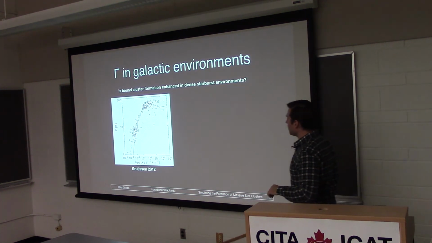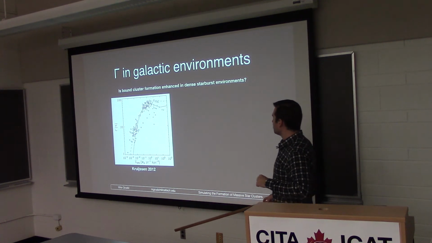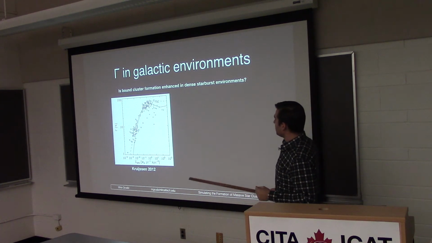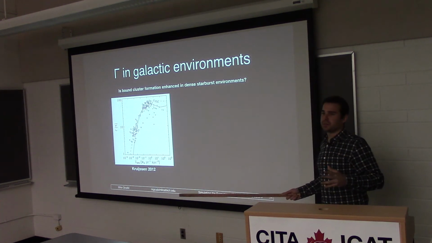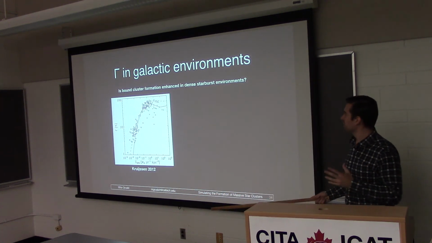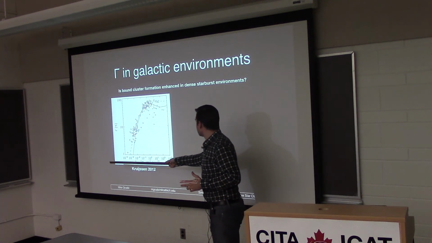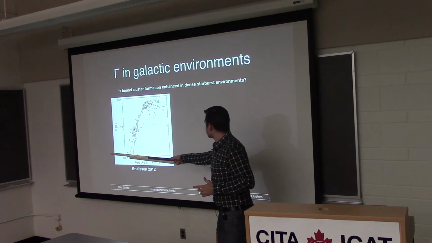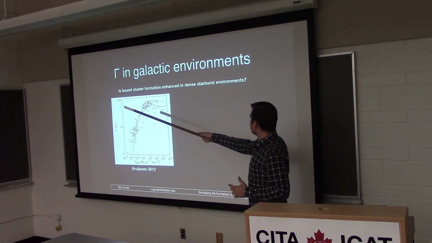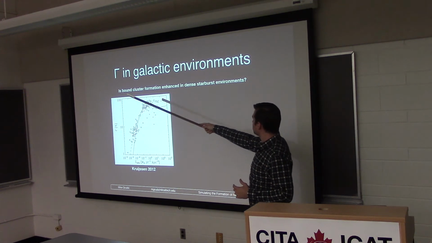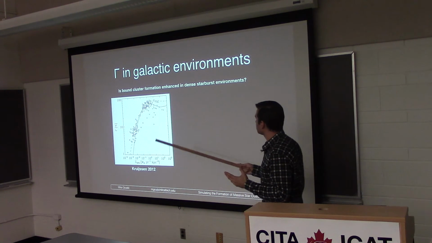Now, probably the most well-known piece of theory on this problem is due to Diederik Kruijssen, and he argued that more dense, extreme star-forming environments should form a greater fraction of bound star clusters. So down here, we're not very dense or having much star formation. Up here, we have a lot of star formation, and essentially 70% of all of the mass in stars is going into bound star clusters.